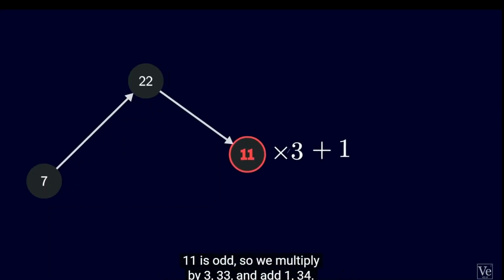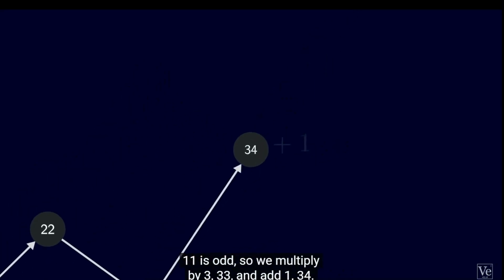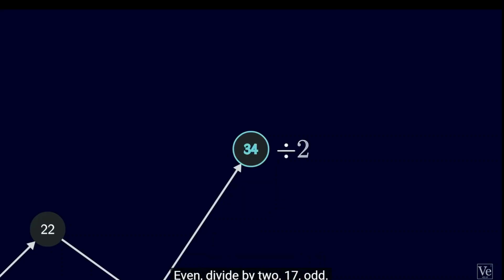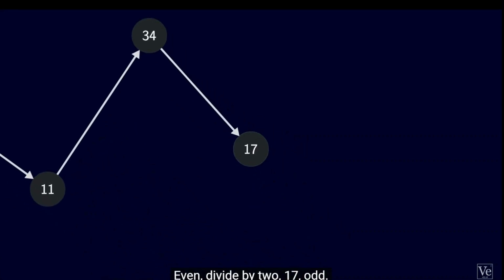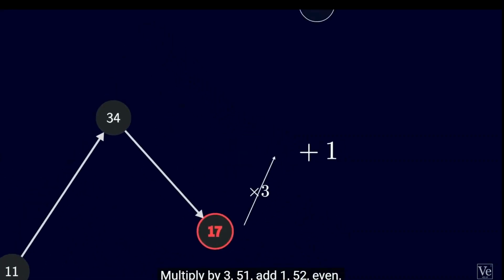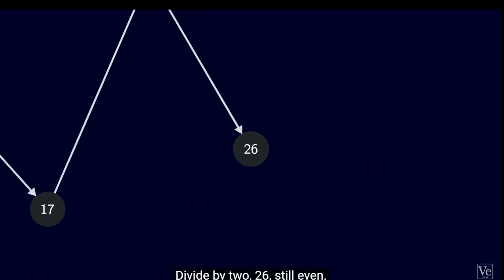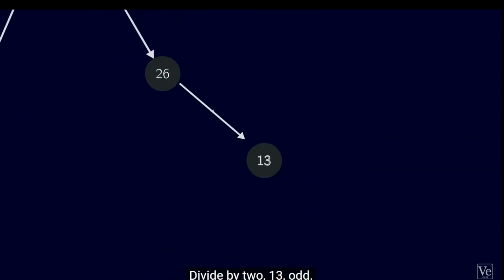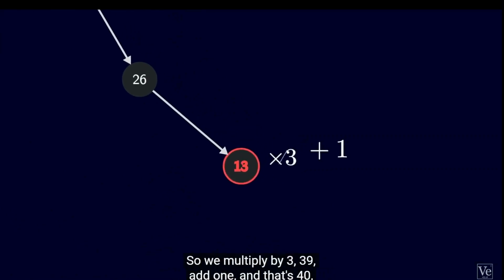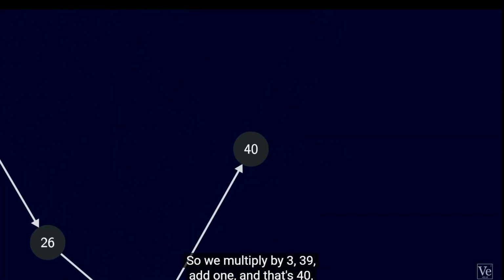11 is odd, so we multiply by 3, 33, and add 1, 34. Even, divide by 2, 17. Odd. Multiply by 3, 51, add 1, 52. Even, divide by 2, 26. Still even. Divide by 2, 13. Odd. So we multiply by 3, 39, add 1, and that's 40, which is even.